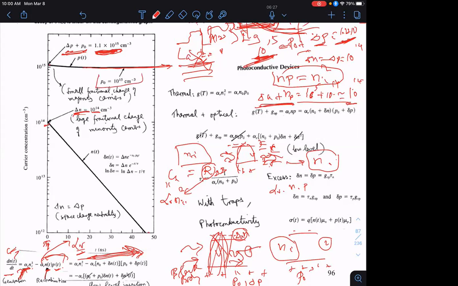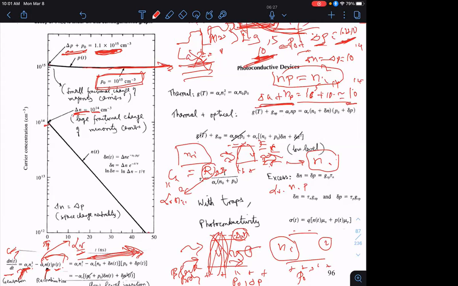No. So remember I said that I started with a p-type semiconductor doped at 10 to the 15, right? So I get 10 to the 15 acceptors, right? 10 to the 15 holes. Oh, I thought you were asking about the rate of transfer. Oh, okay. The rate of net transfer would be 0, okay?